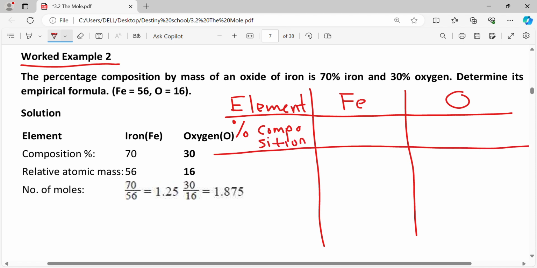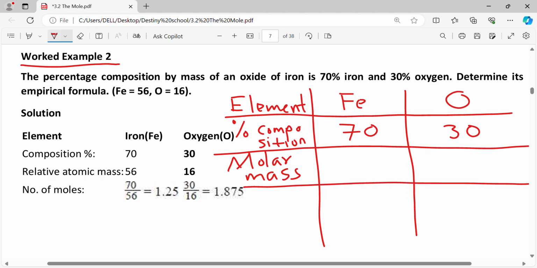Then you want the percentage composition. So percentage composition, iron was 70 and oxygen was 30. Okay.